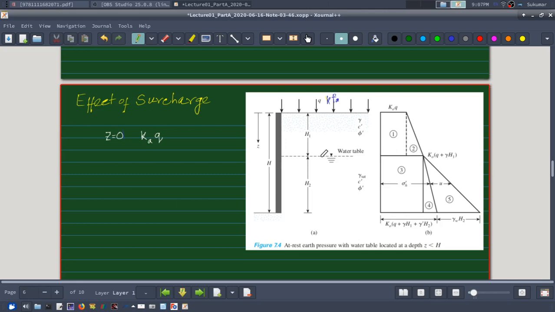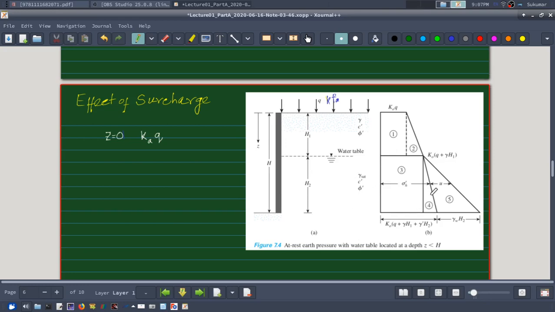And anywhere below this line, that pressure will remain constant, because that much vertical pressure is always there, and that much horizontal pressure is always there at that level, and then the usual triangular or linear variation I will have to consider.